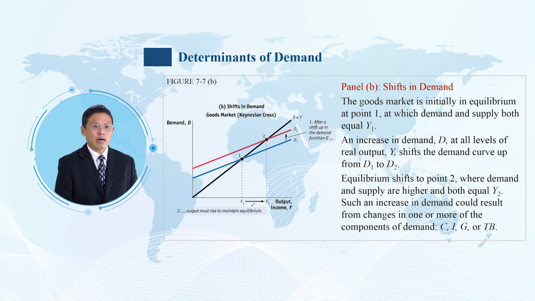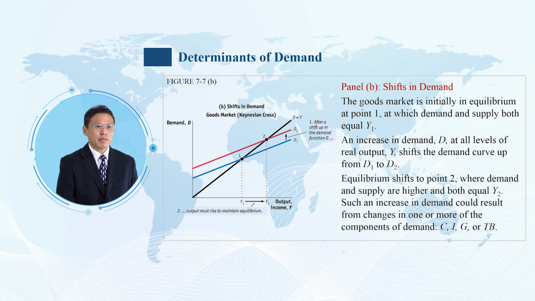A change in the home exchange rate: a rise in the nominal exchange rate E, all else equal, implies a rise in the real exchange rate, E times P star divided by P, due to sticky prices.